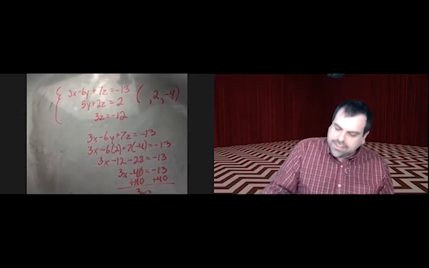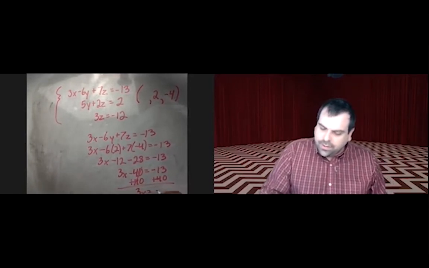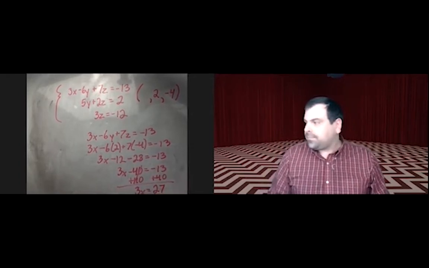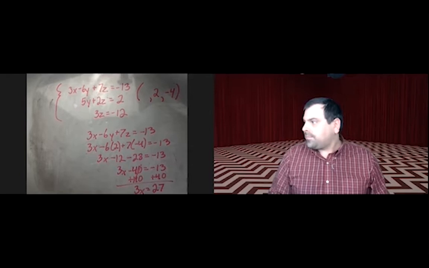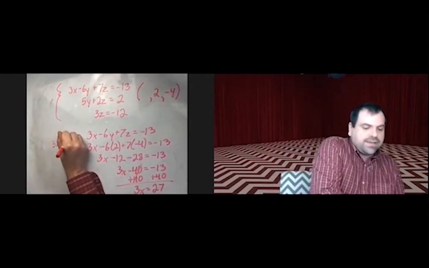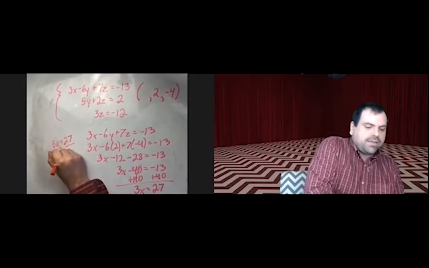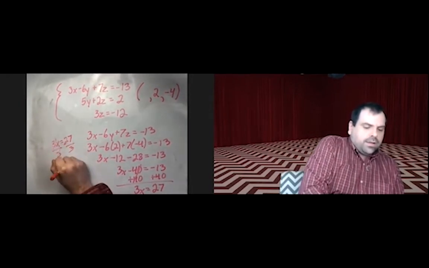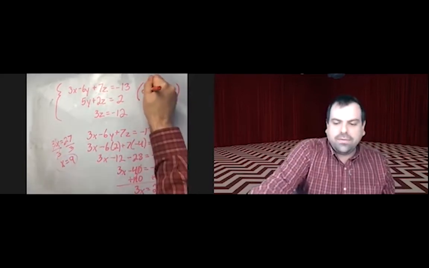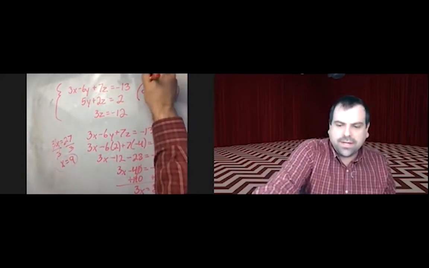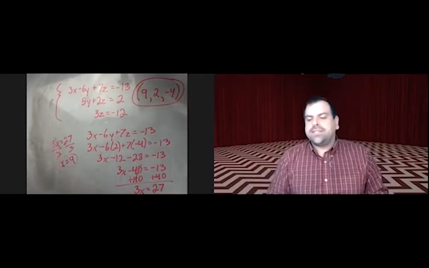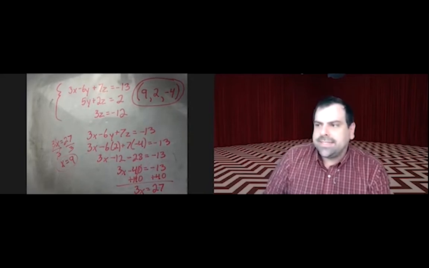I get 3x equals +27. And from 3x equals 27, I'm going to divide both sides by 3. X equals +9. So our answer is the ordered triple where x is 9, y is 2, and z is -4.